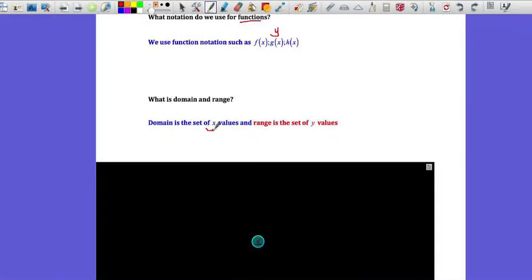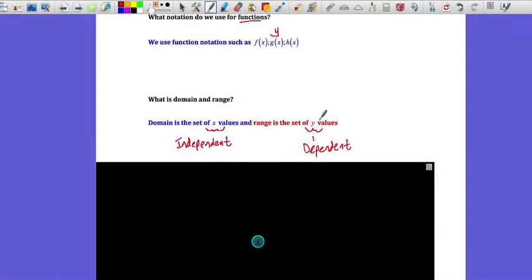Another way to look at it, because you don't only have to use x and y as your letters, is that the domain is the set of values of the independent variable, whereas the range is the set of values of what is known as the dependent variable.